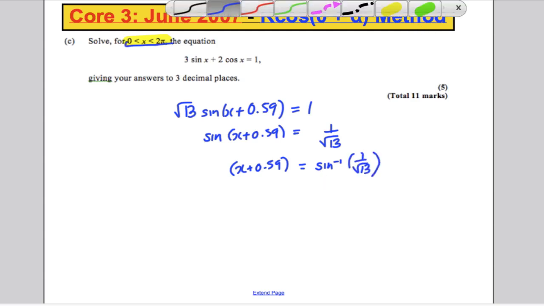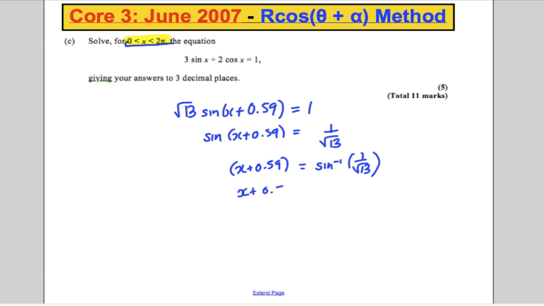Okay, so tap that in your calculator, keeping your calculator in radians mode, of course, and you would get that x plus 0.59 is the inverse sine of 1 over the square root of 13, which is 0.281.